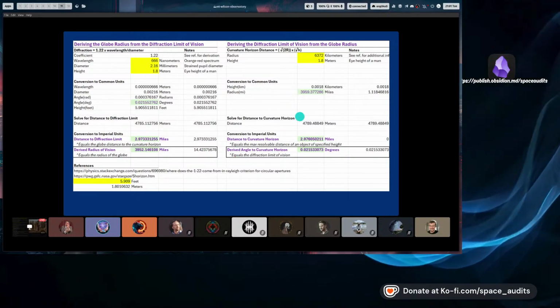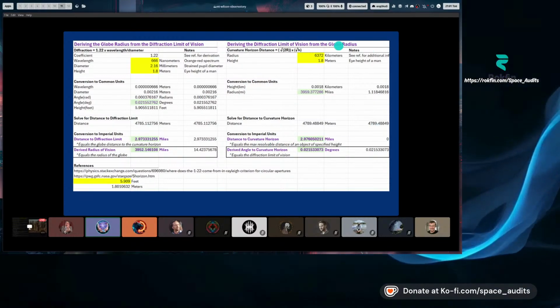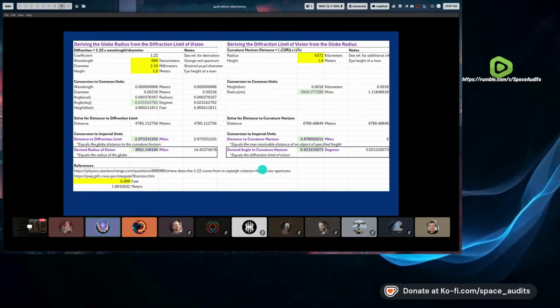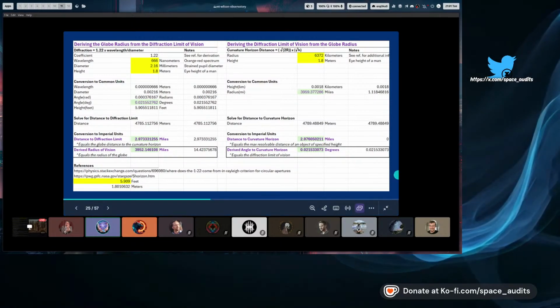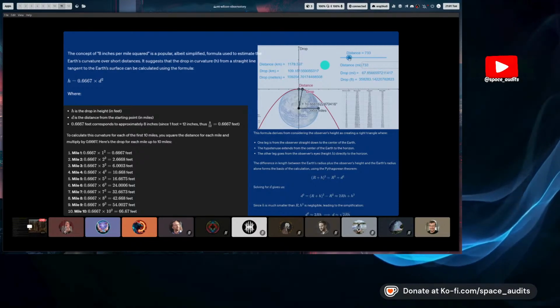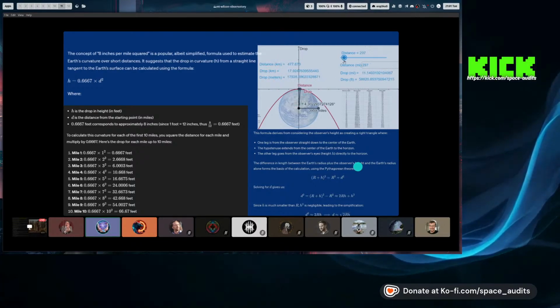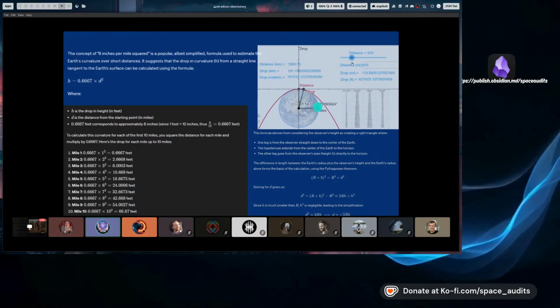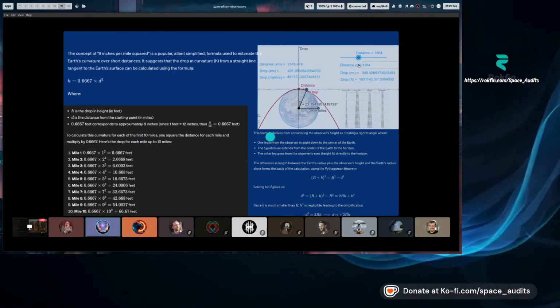So let's go through first this physical breakdown. We'll go through this optical breakdown real quick, and we'll go over why they're equivalent and the position we're in, and how we can apply Eratosthenes to it. So we have our good old curvature formula, right? Our parabolic representation of what it would be to approximate the curvature of a sphere.